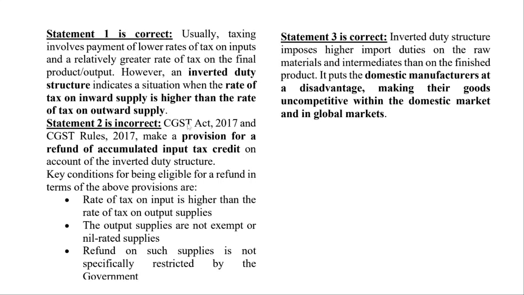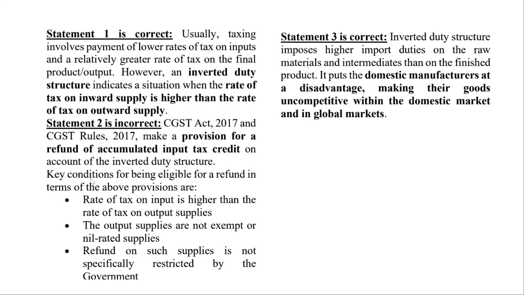Anyway, the Central GST Act 2017 and CGST Rules 2017 make a provision for a refund of accumulated input tax credit. So the tax that gets accumulated because of this inverted duty structure will be refunded as per the GST rules.